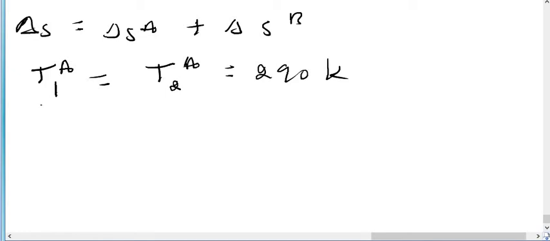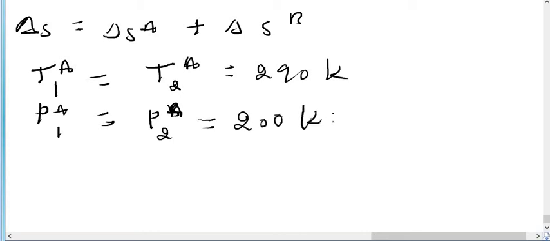Also, pressure is constant, as we read in the question, which says the pressure is maintained. So the pressure in A is also constant, which is 200 kilopascal.